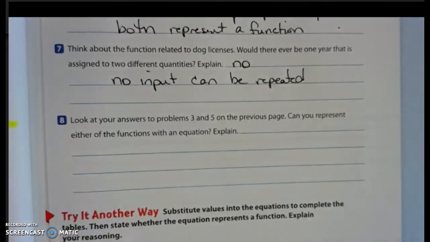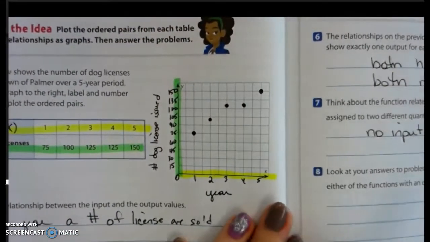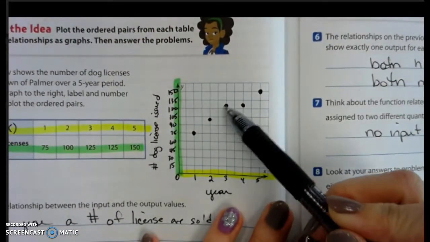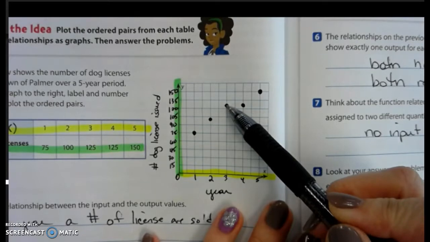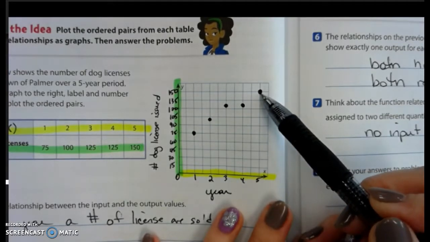Number 8 says, look at your answers to problem 3 and problem 5 on the previous page. Can you represent either of the functions with an equation? When we talked about the number of licenses, we had a pretty good pattern at the beginning, and then we had a bad year, and then the pattern picked up again.